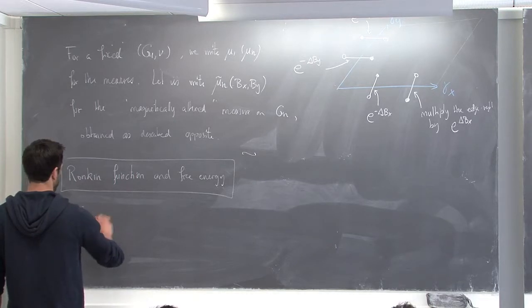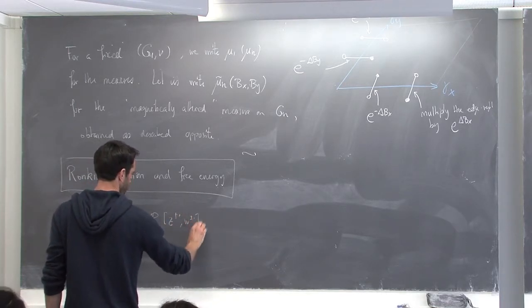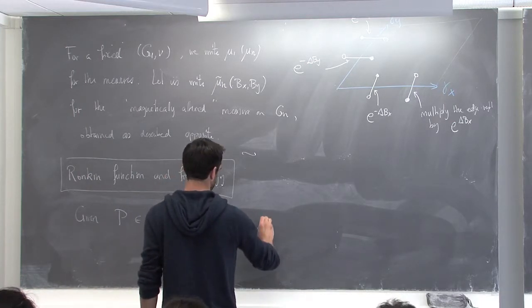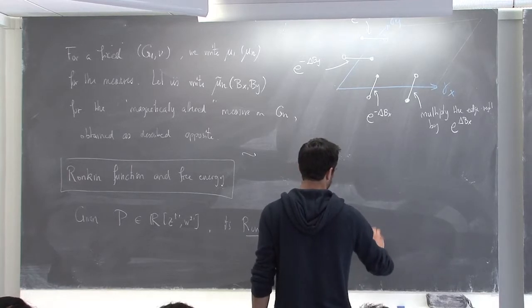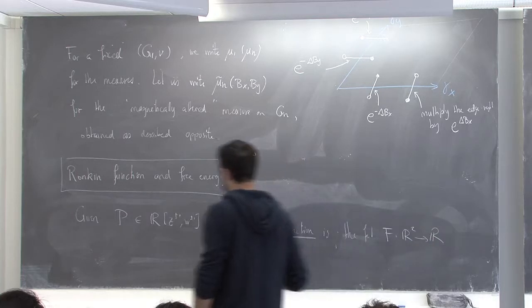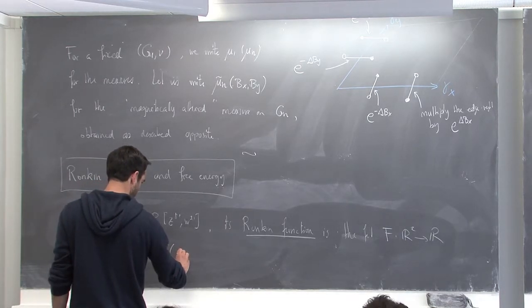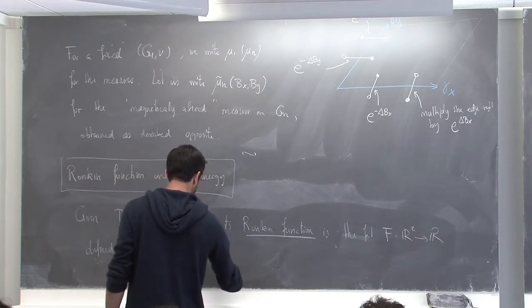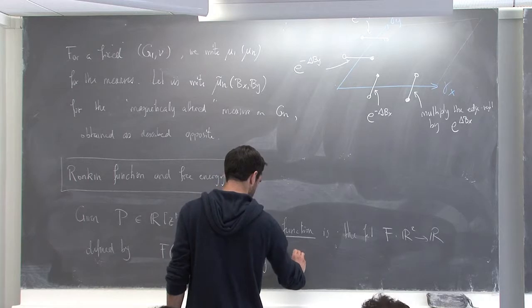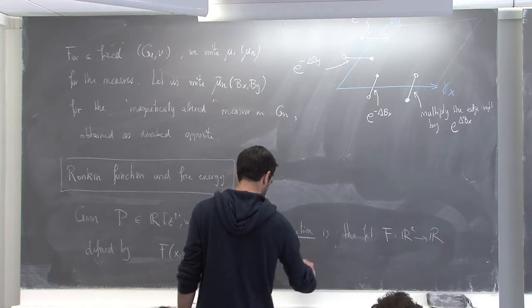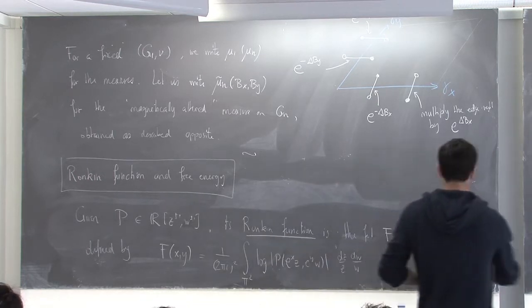So given a polynomial p, its Ronkin function is the function f from R2 to R defined by, so f of x, y is equal to, that's the definition.